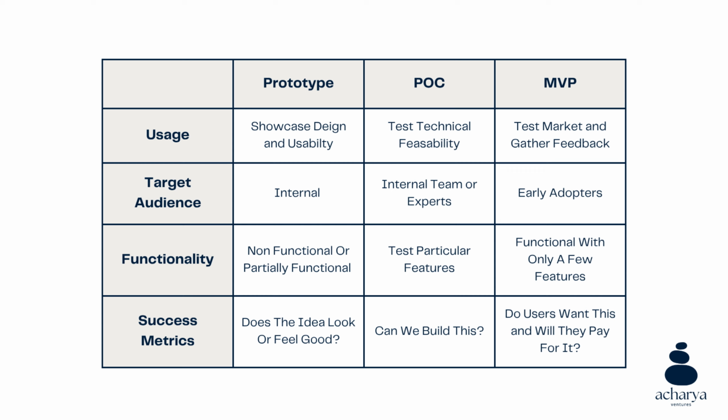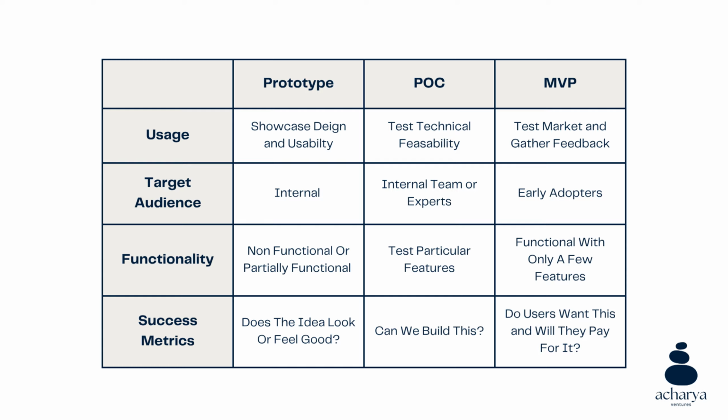In terms of functionality, a prototype will be majorly non-functional or have very limited functionality. A POC will test particular features of your product, not the entire range. And an MVP will be functional, but again with a very limited number of features, those that actually solve some real pain points.